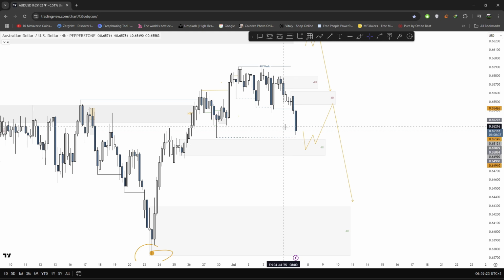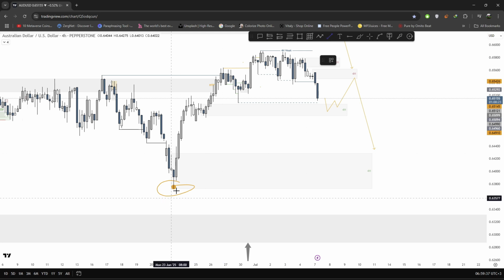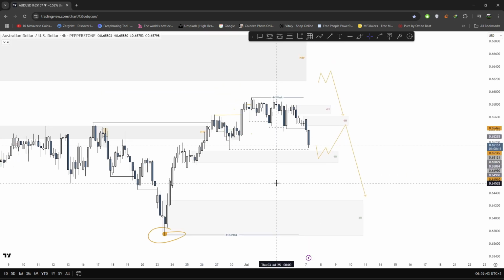I mean, first we want to see that catalyst break of structure, which could happen today, Frankfurt Open or London Open. Definitely has to happen, and then we can play that internal pullback and then look at sells to the downside, right? Yes. So that's kind of what we're looking at this moment. Okay, very nice price action right there.